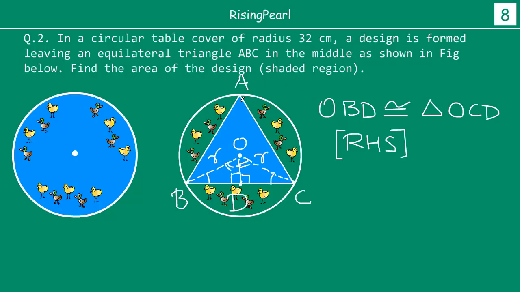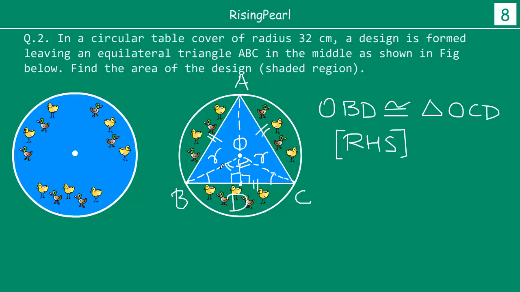Now because we have an equilateral triangle, each of these sides are equal. So what is the angle that each of the sides will be making at the center? Meaning what will be AOB, BOC and COA? Because these sides are equal, they will be subtending equal angles at the center, right?